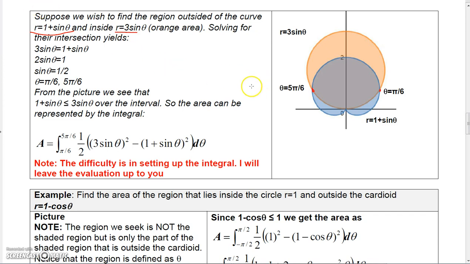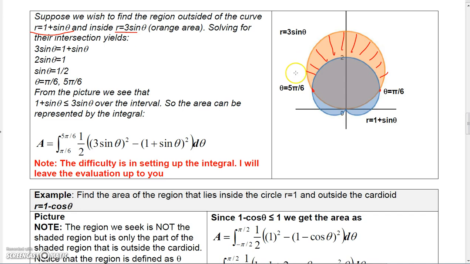Oh, I'm sorry, I said that wrong. We want the area outside of the blue curve and inside the orange curve. I apologize for that. We want this area. Gotta read carefully.